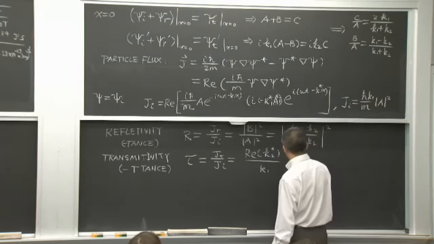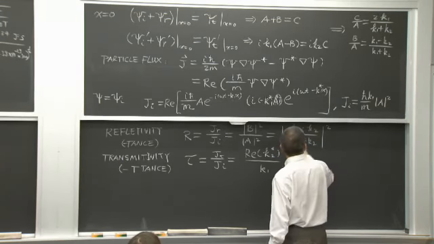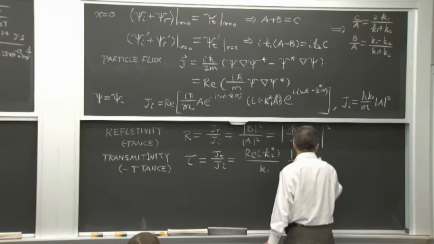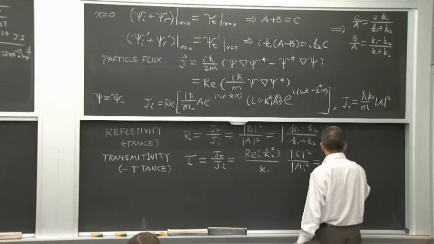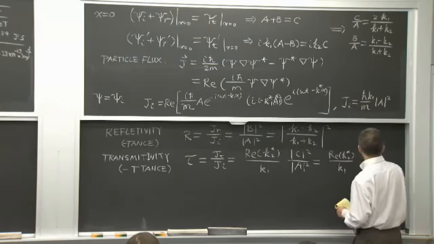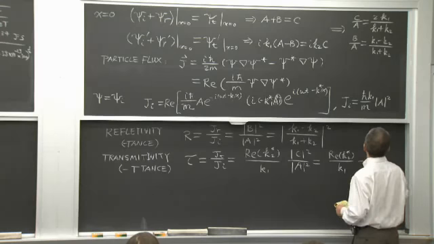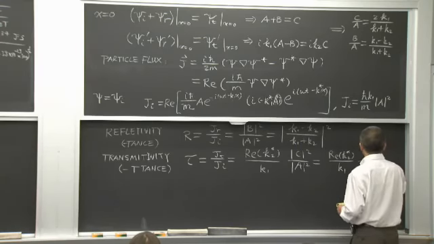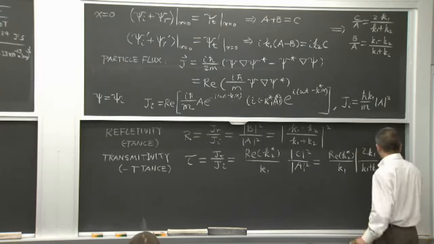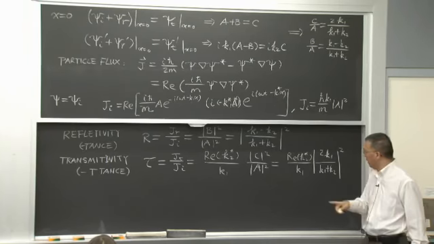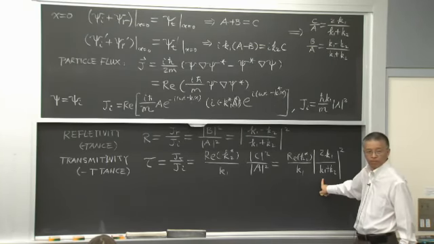And here I have C squared over A squared times the real part of k2 complex conjugate over k1. And C squared over A squared, you can say it is (2 k1) over (k1 plus k2), squared. Right? That's my transmittance.